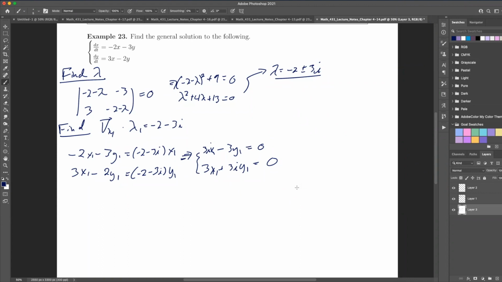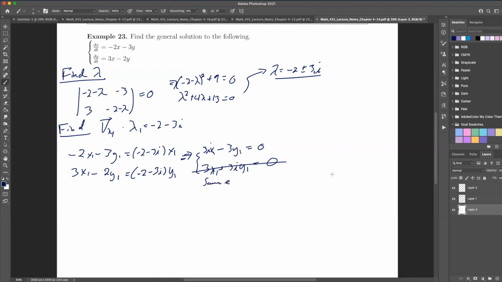Yes, no, maybe. The answer is yes. Here, if I take this and multiply this by an i, right? If I multiply all this by an i, this would be 3i x1, and then 3i squared becomes negative, and so it'll be 3y. And so these are the same, they only differ by an i. So this is the same, and so you can cross off.